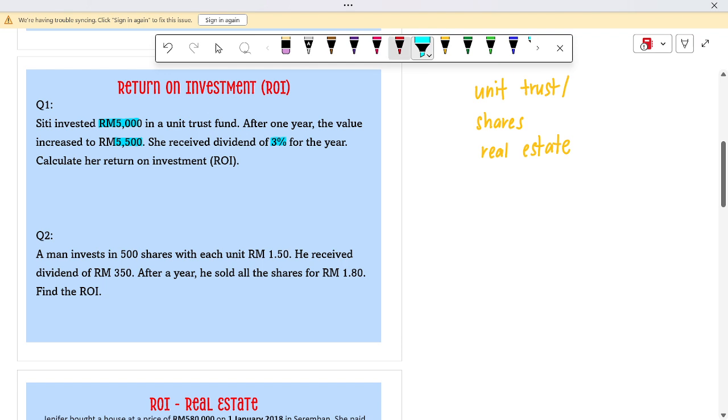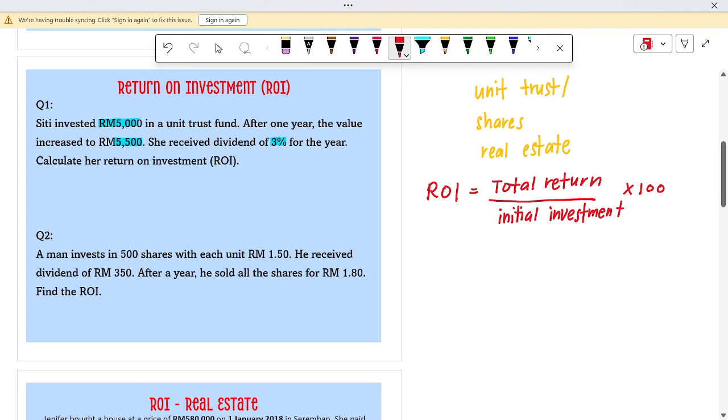Calculate her ROI. First, what's your formula for ROI? ROI equals total return over initial investment times 100. Okay, so what do they mean by total return?